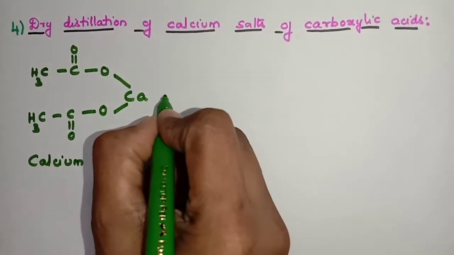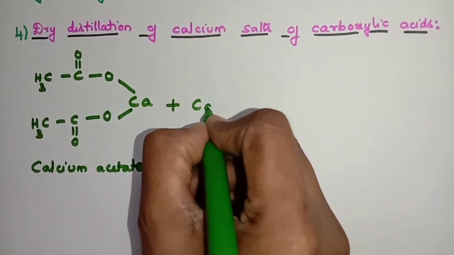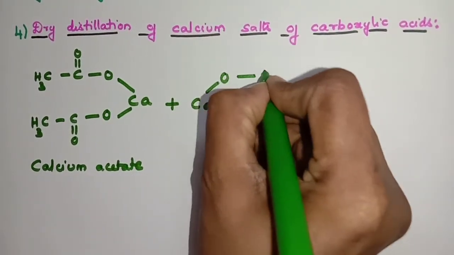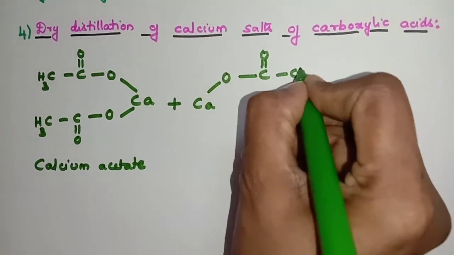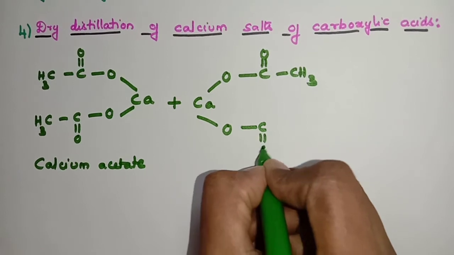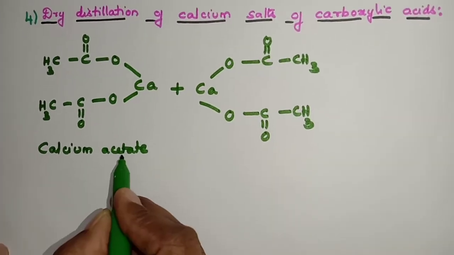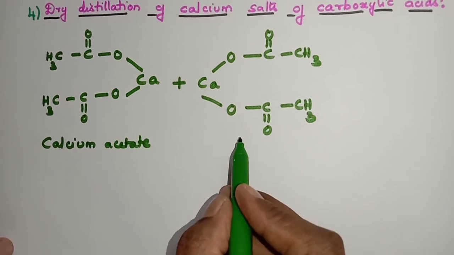We are going to take 2 molecules, the same molecule we take here, Ca, O, C double bond O, CH3. So this is also calcium acetate, this is also calcium acetate.